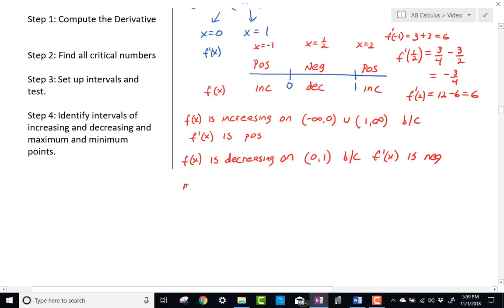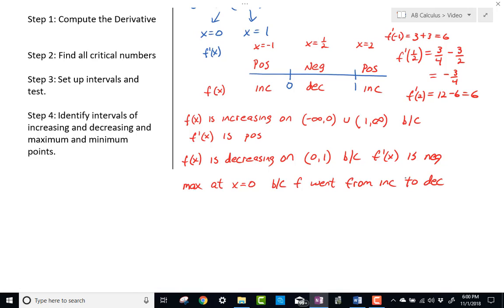So we can now say that we have a max at x equals 0 because f went from increasing to decreasing. Actually, I'm going to back up a second. We have a max at x equals 0.